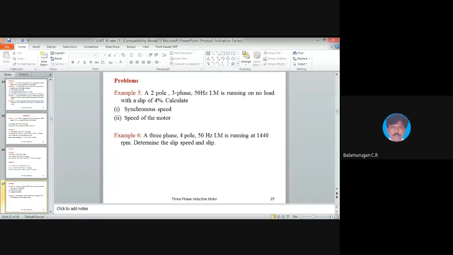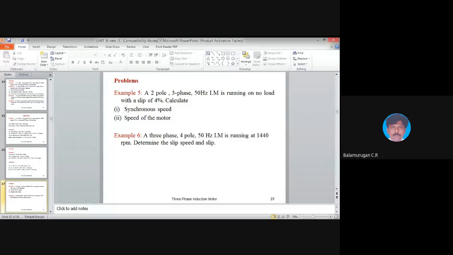In the three-phase circuit, we give the three-phase input supply to the stator winding. So what does this equation mean? Suppose you consider the voltage equation: Va equals Vm sin omega t. Vb will be equal to Vm sin omega t minus 120.